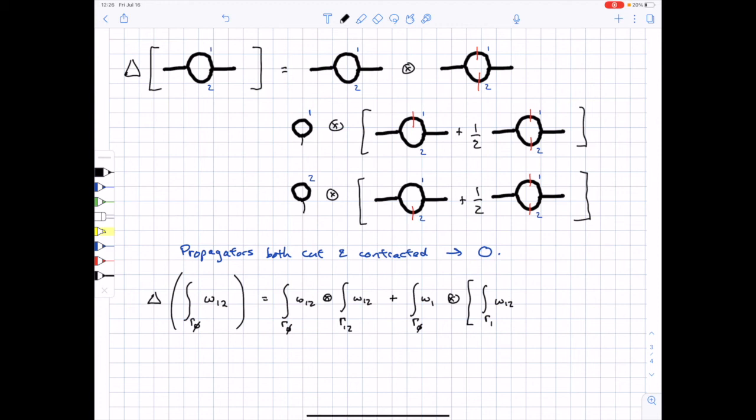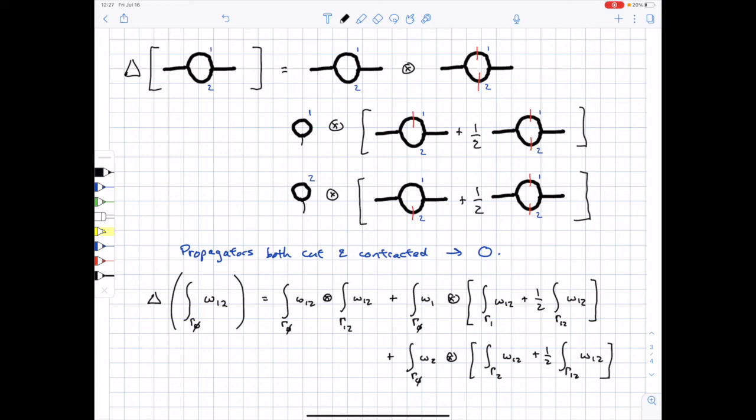Okay, plus 1/2 times omega 1, 2 with both propagators cut. And then the same thing with 1 and 2 exchanged as propagators. It's gamma 2, omega 1, 2 plus 1/2 gamma 1, 2, omega 1, 2.